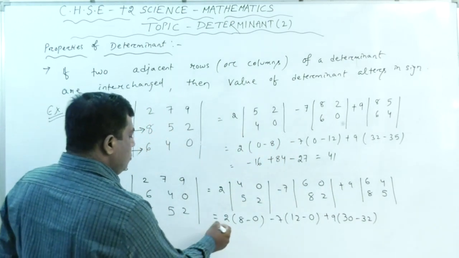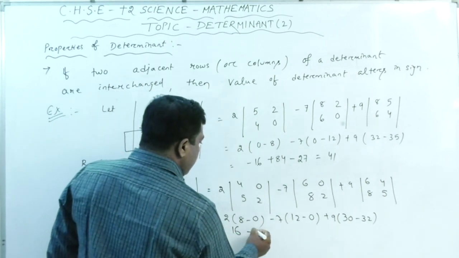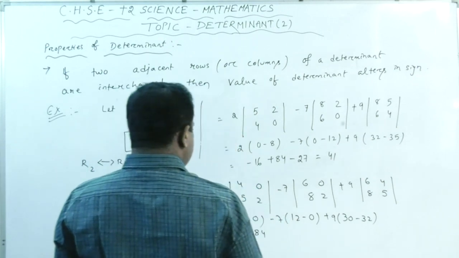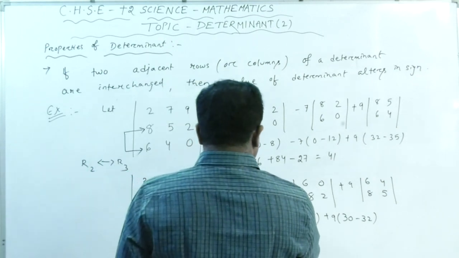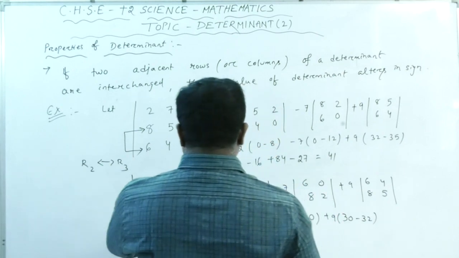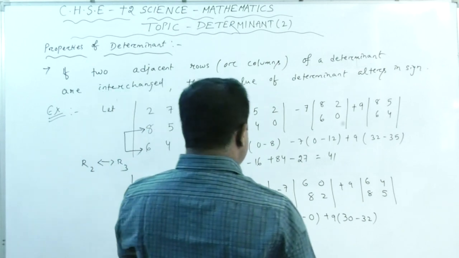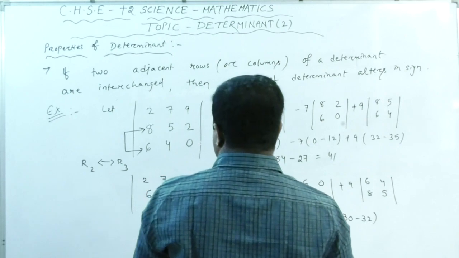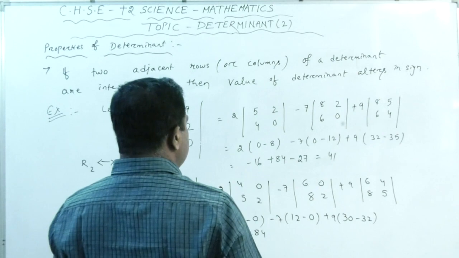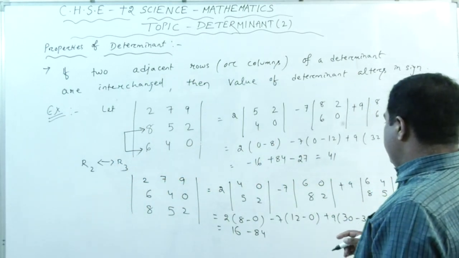So you see this value is 16. This is minus 84. So it is 2 times of 4052, then minus 7 times of 6082, and 9 times of 6485. These two, row 2 and row 3, are interchanged. Clear, dear students? Now you see it is 16.